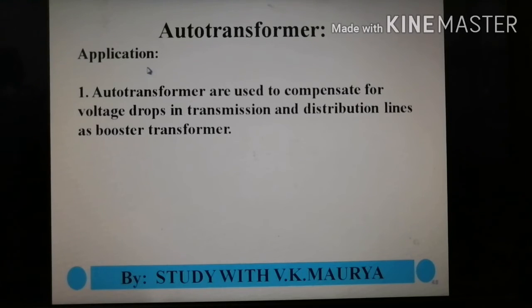Now the applications of auto transformer. Auto transformers are used to compensate for the voltage drops in transmission and distribution lines as a booster transformer, right?